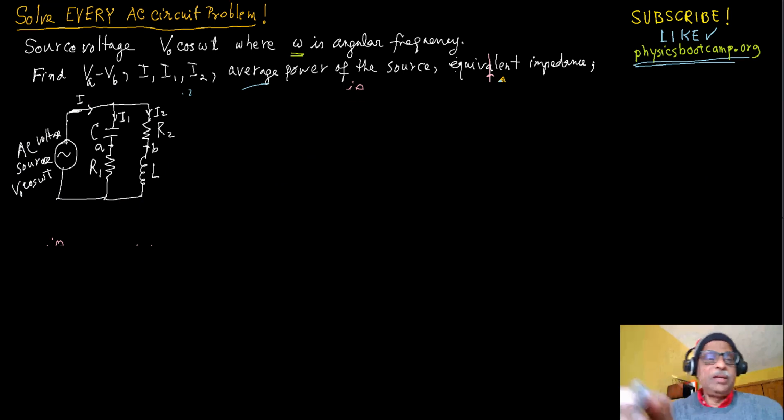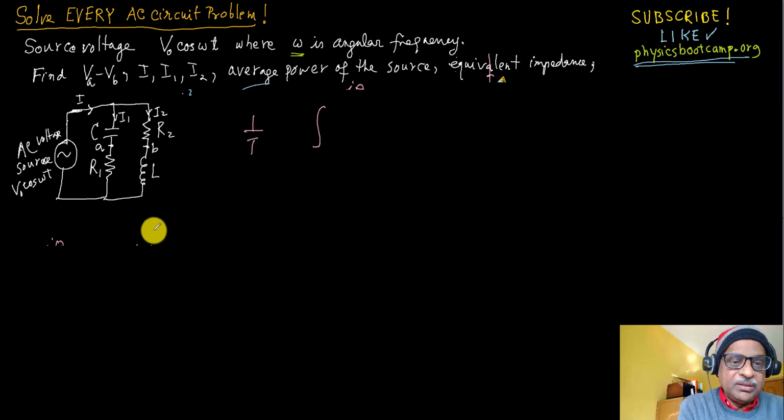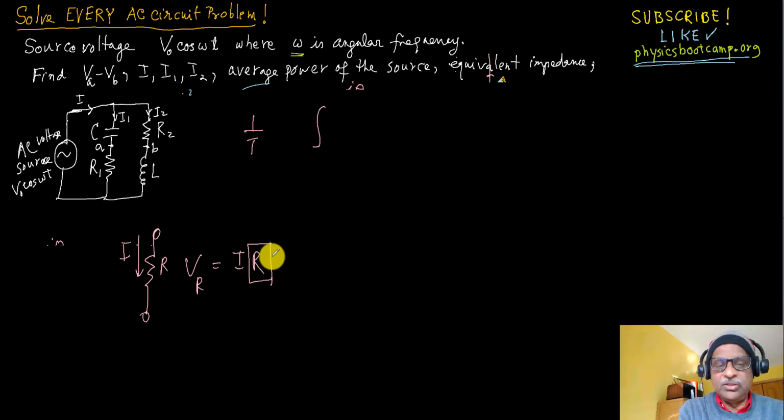Let's look at the resistor first. When a current I goes through a resistor, the voltage drop across it is just IR, so the resistance is what we can call the impedance of a resistor.